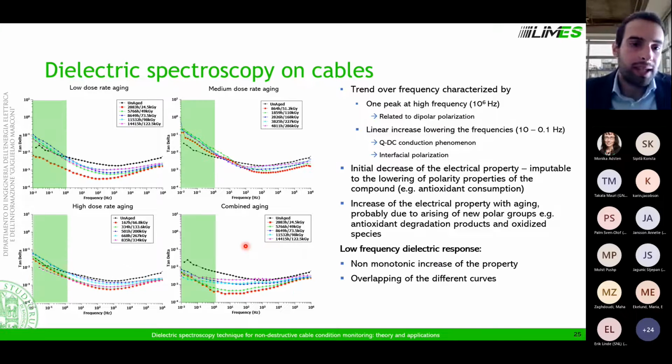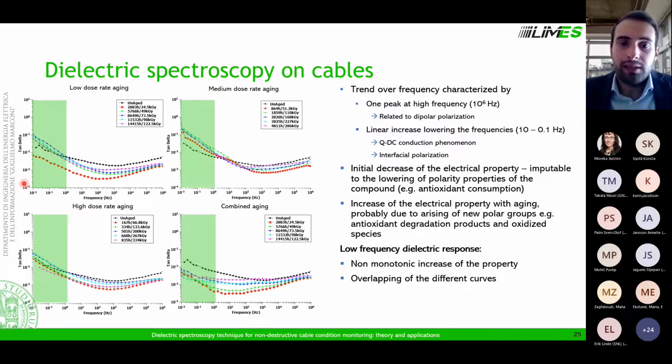For the low frequency dielectric response, you can see that we have no monotonic increase of the property. In some cases, the curves are, for example, overlapped, and it was again expected, because with aging we cannot single out the different interfaces coming from aging or the ones coming from, for example, radical recombinations.